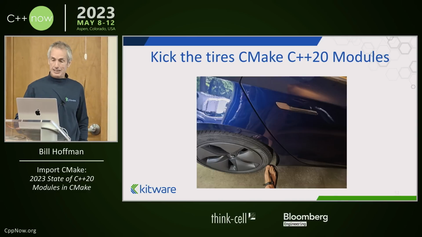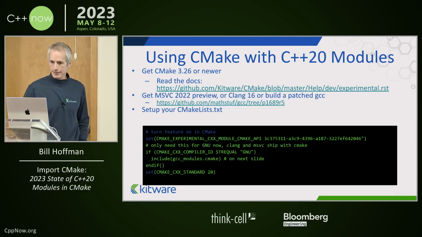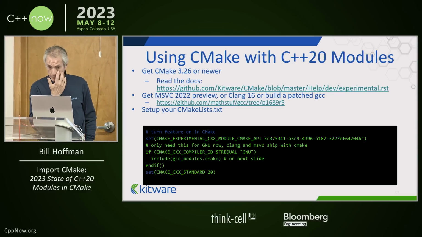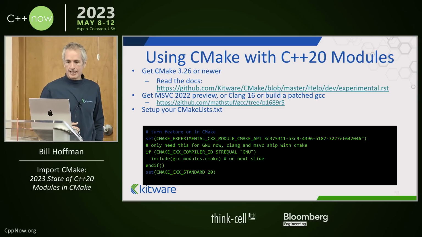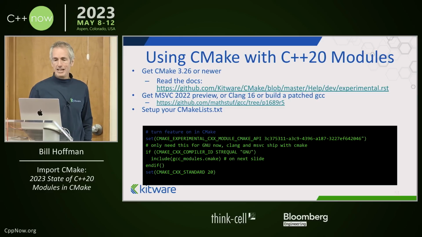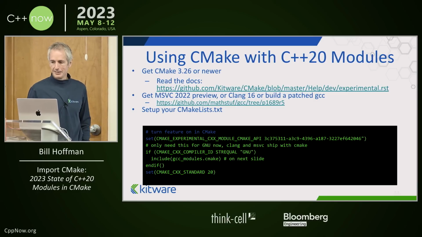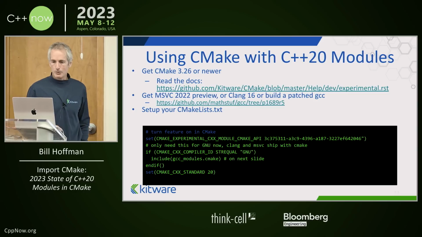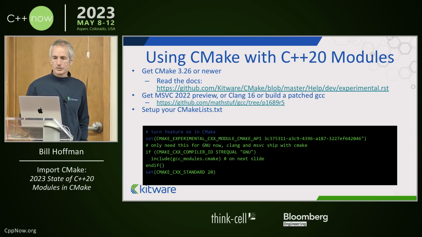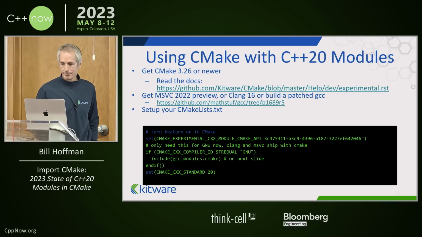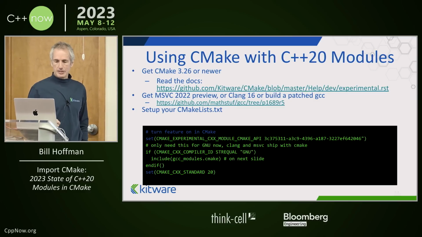So hey, it sounds kind of cool. You want to try C++20 modules out. So using CMake with C++20 modules, get CMake 3.26 or newer, and then read the docs on the experimental support to understand how that works, and then get a compiler that works with module scanning, and set up your CMakeLists file.